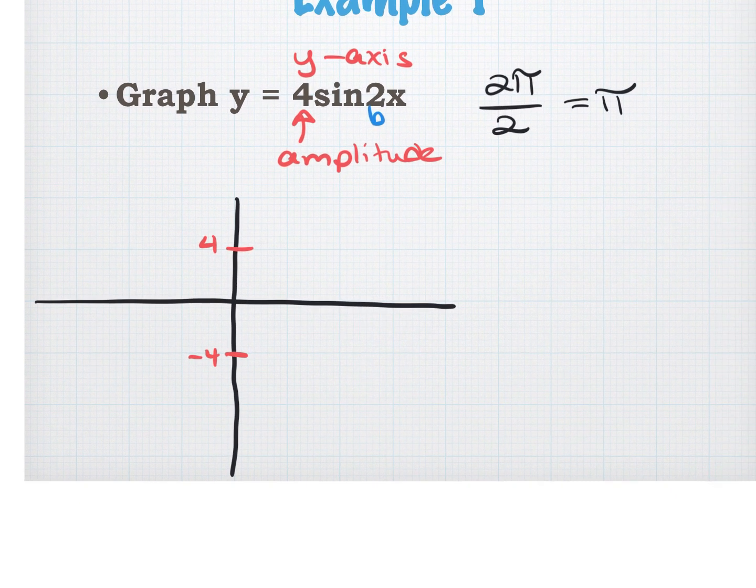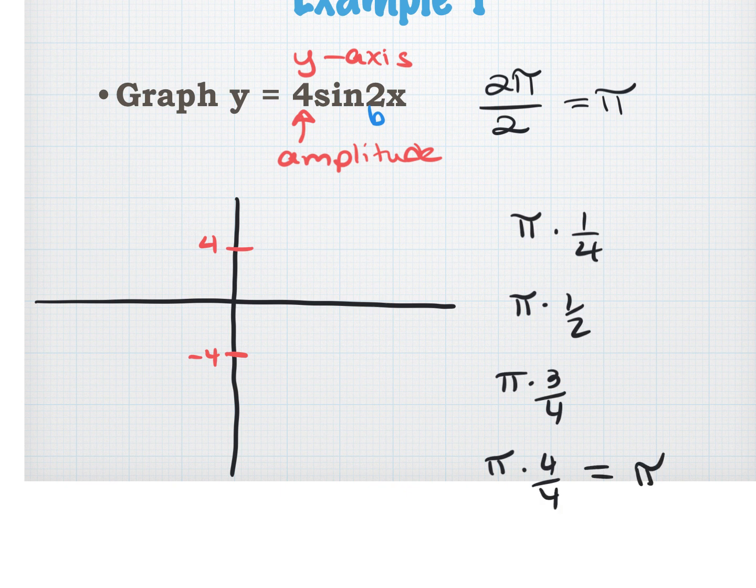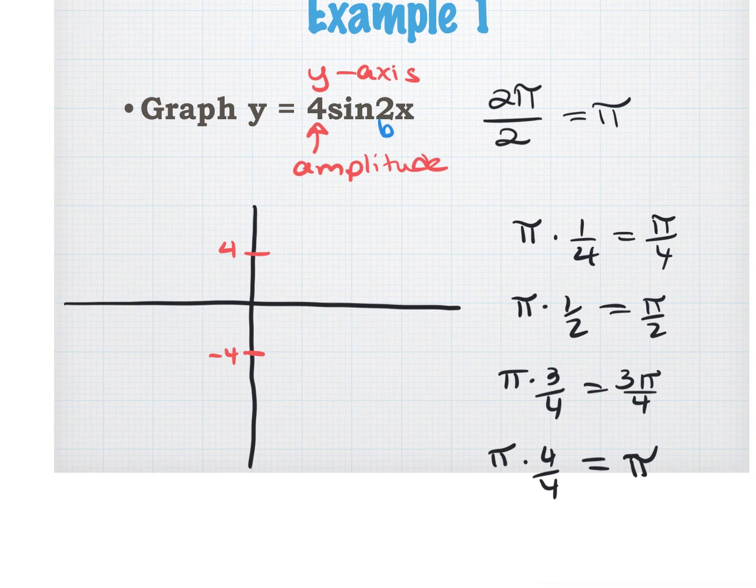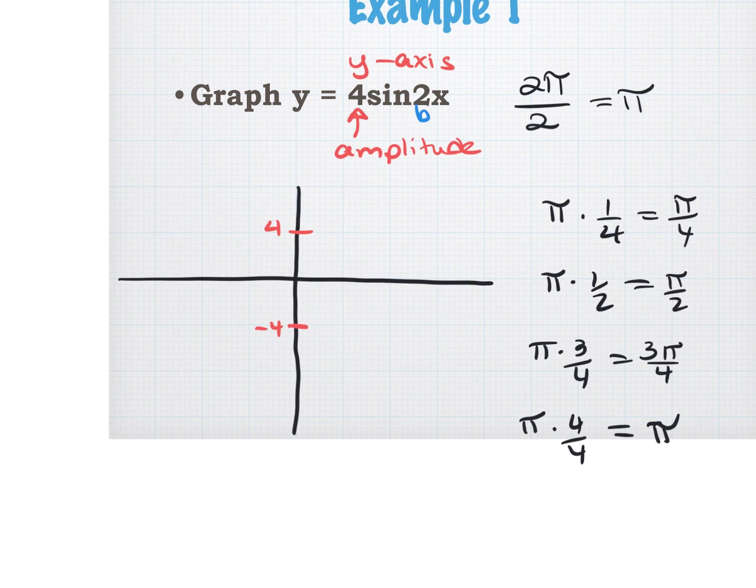And then remember, we took that pi value and we're going to break it into quarters. So we multiply it by 1/4, 1/2, 3/4, and also 4/4, which is just what we had originally. So this becomes pi over 4, pi over 2, 3 pi over 4. Now these are going to be the labels that go along the x-axis, and I'm going to evenly space them out.